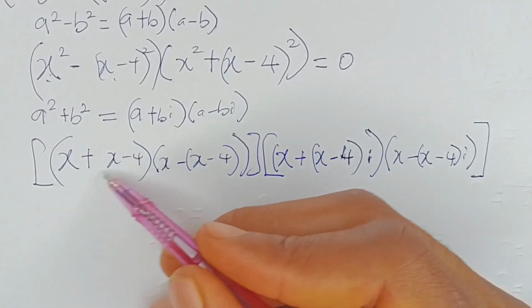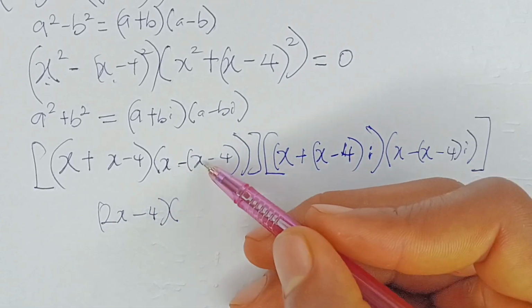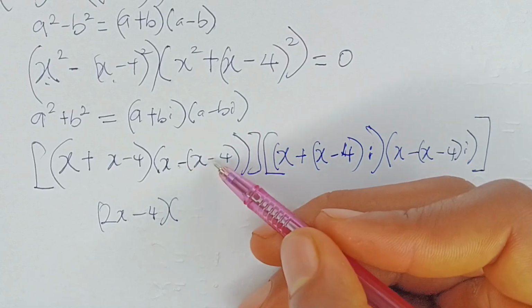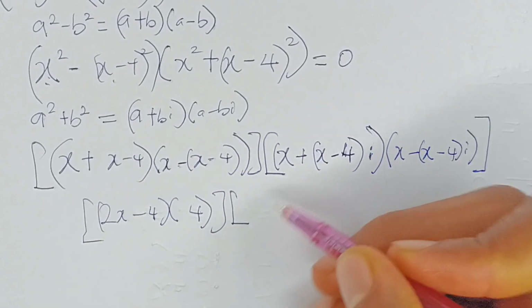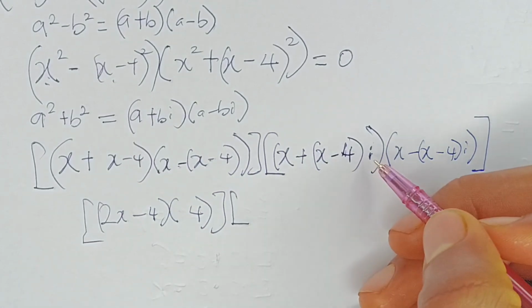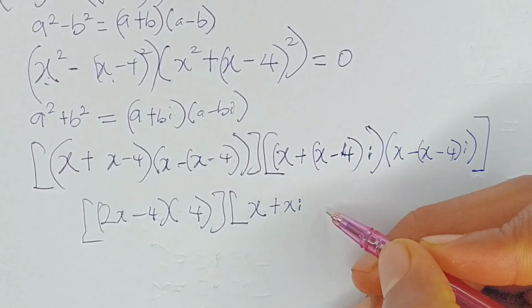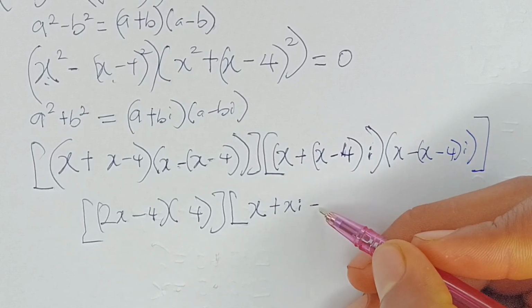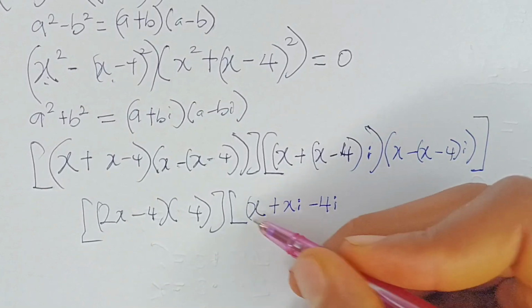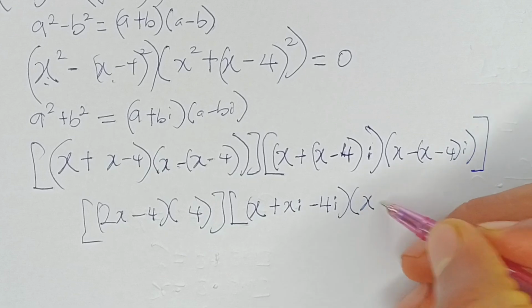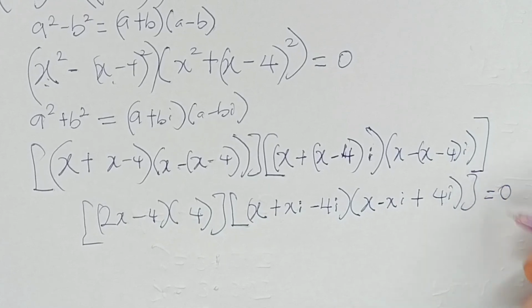So from here we're going to have x plus x is 2x minus 4, multiplied by x minus x is 0, minus times minus is plus, so we have 4 here, all multiplied by, now this is xi and minus 4i, so we have (x + xi − 4i), and now this is multiplied by (x − xi + 4i), and this is equal to 0, okay.